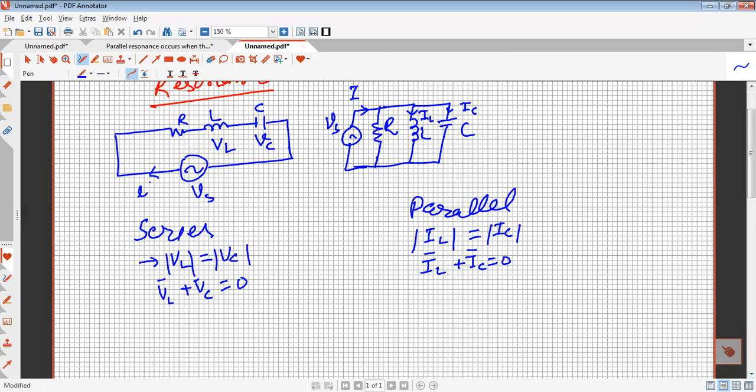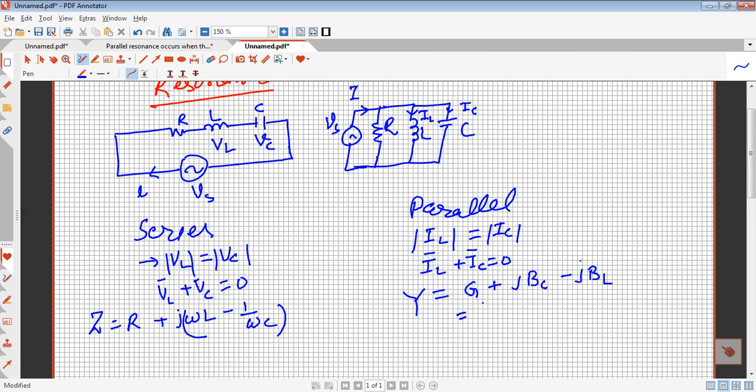Another is, for this circuit we have seen Z equal to R plus j omega L minus 1 by omega C. This was our impedance. In the case of the parallel circuit, our admittance Y is G plus jBC minus jBL. This is the inductive susceptance and this is the capacitive susceptance.